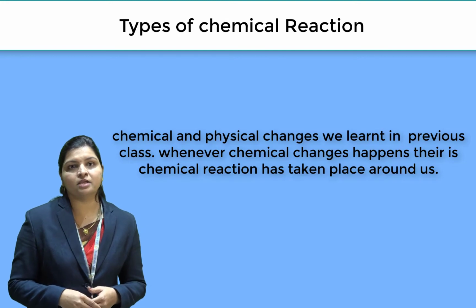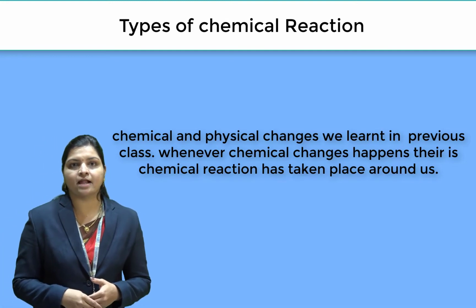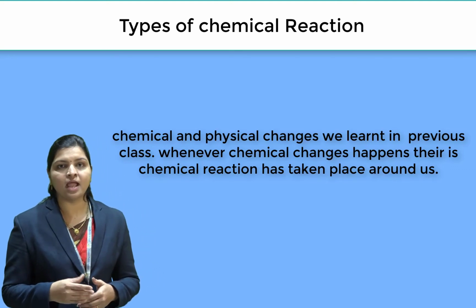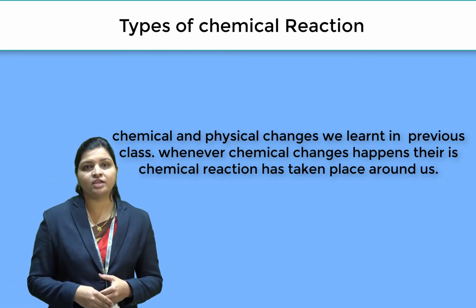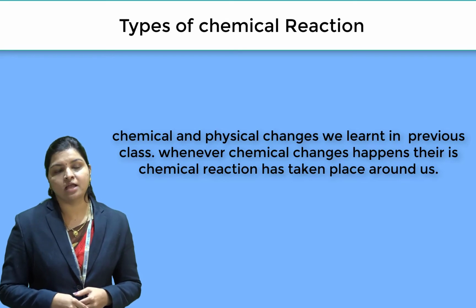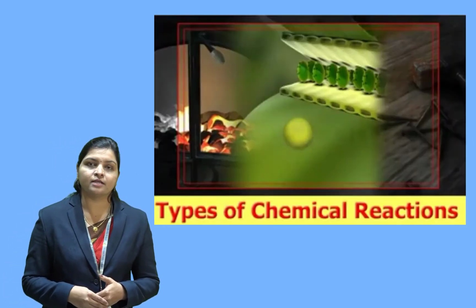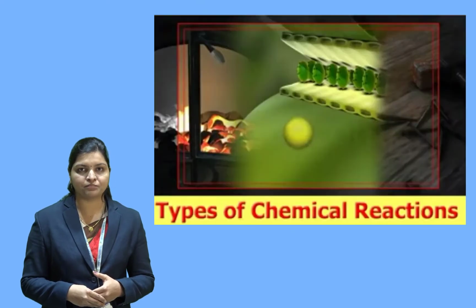Whenever a chemical change occurs, we can say that a chemical reaction has taken place. As we observe changes around us, we can see that there are varieties of chemical reactions taking place around us. So these different types of chemical reactions today we are going to study with some examples.